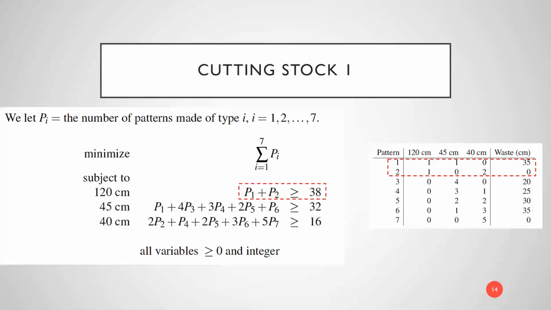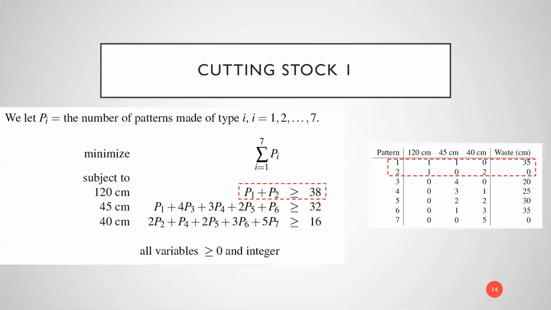And pay attention that one pattern 1 or one pattern 2 just results in one product with width of 120. Therefore, the summation of P1 and P2 should satisfy customers' demand regarding the first product, I mean 120.